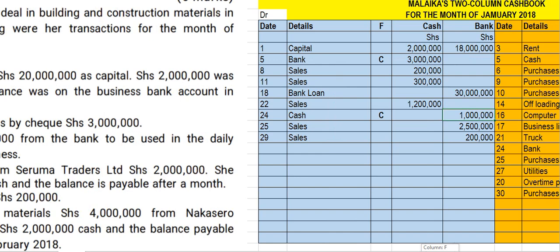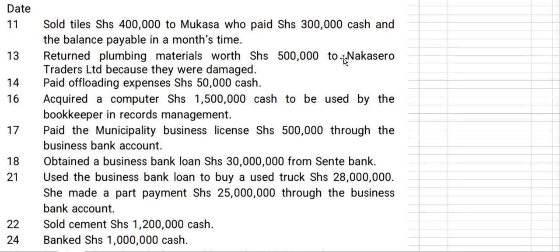Then we moved to 14th. Returned plumbing materials worth shillings 500,000 because they were damaged. These are goods that have been returned, so we don't enter this return in our cash book. They have just returned the goods to the traders because these goods were damaged.